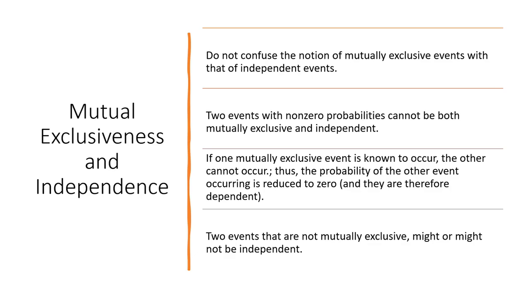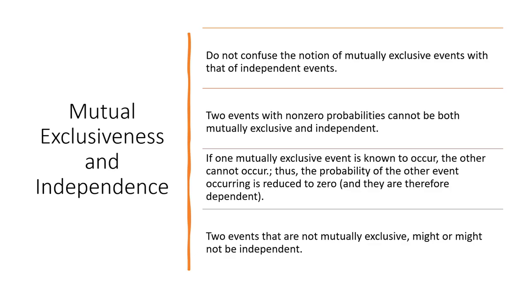Now, one of the things we really need to talk about is making sure that we know there's a difference between events being mutually exclusive and being independent. Remember, two events with non-zero probabilities cannot be both mutually exclusive and independent.